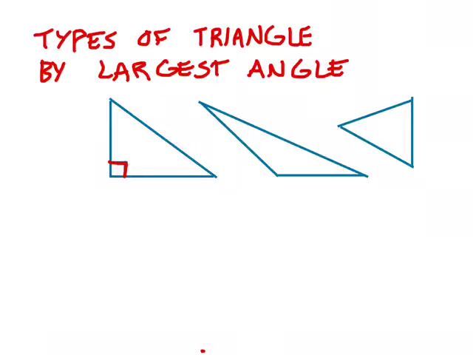And a 90-degree angle is a right angle, and so I would classify that triangle as a right triangle. Similarly, here in the center, we've got a triangle where the largest angle appears to be more than right, past right, so that's an obtuse angle. And so I'm going to classify that triangle as an obtuse triangle.